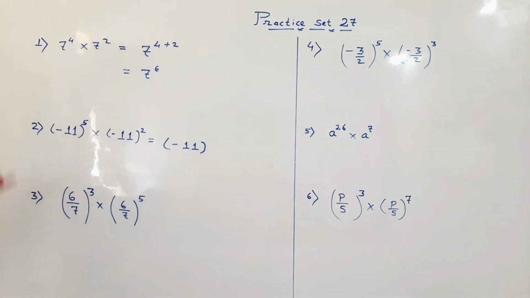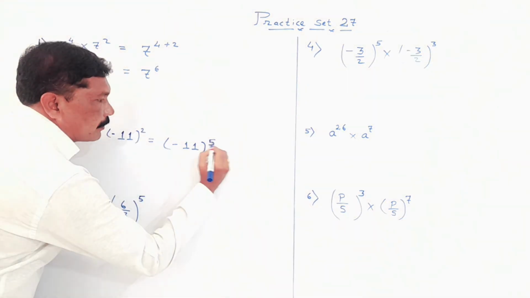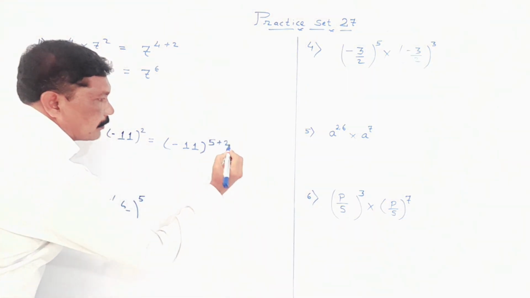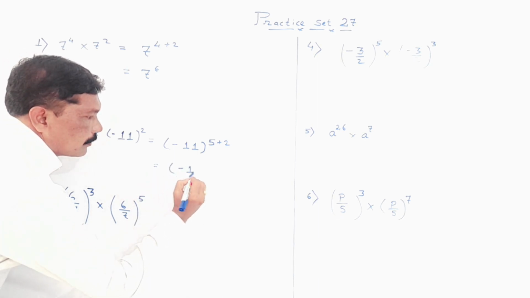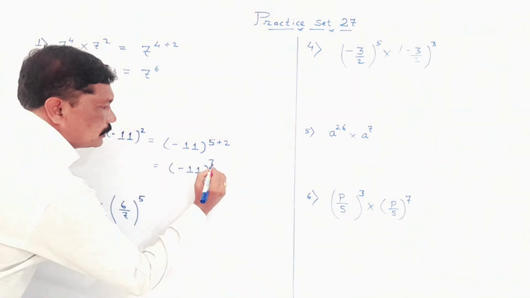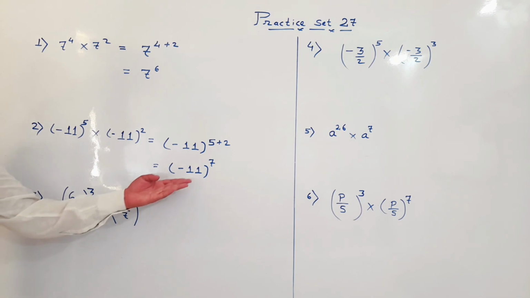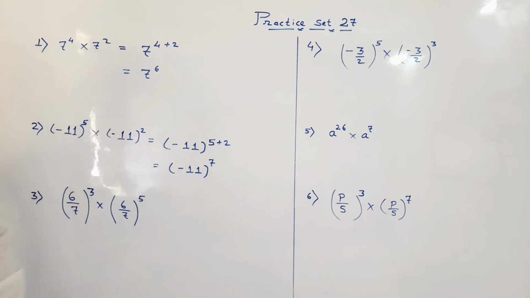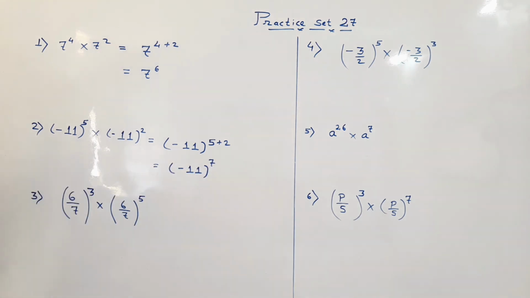Then we can add the index. Five plus 2 is 7. Then we will get the answer minus 11 raised to 7.